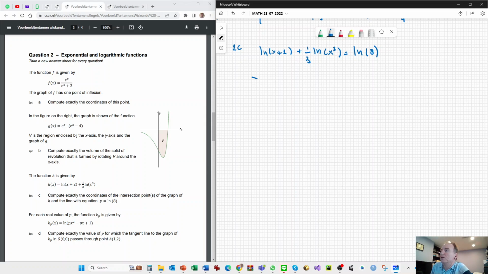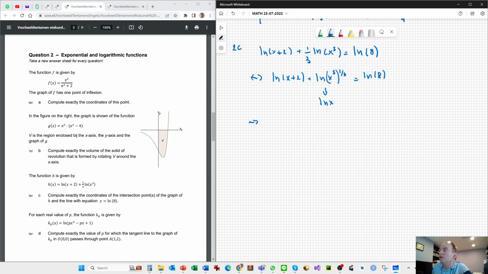So we get log x plus 2 and log x to the power 3 to the power 1/3. This we know, this basically is a log of x. This has to be equal to log 8.